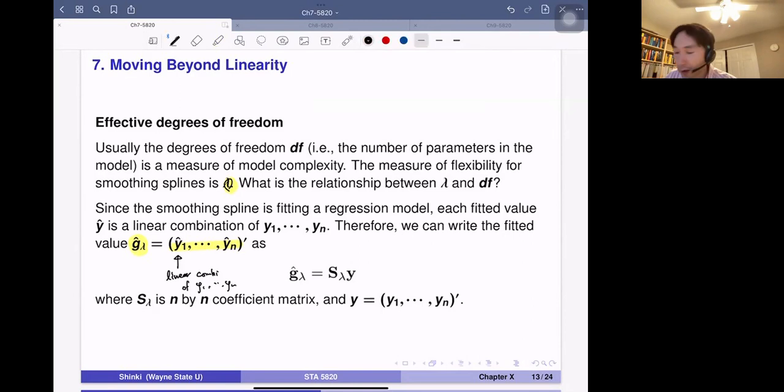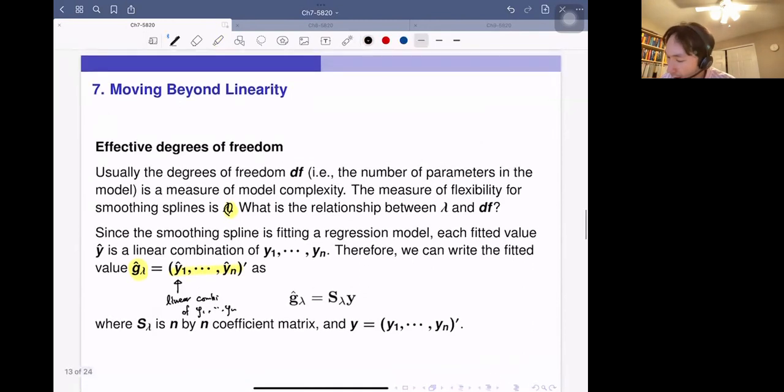Remember the linear regression formula. Beta hat is equal to (x prime x) inverse x prime y. That means the fitted value y hat is equal to x beta hat, so that is x times (x transpose x) inverse x transpose y. This is the matrix, and y is just y1 to yn.